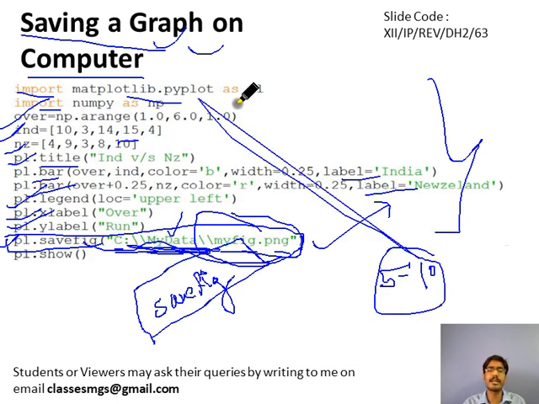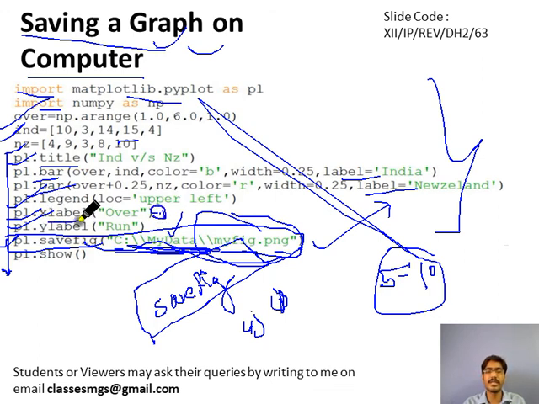The data will be given and you are supposed to write this code. It will be asked like this: write a Python code to draw a bar chart, and add this title, this legend, this x-axis label, and this y-axis label. Each line will carry 1 mark. So it is very easy to score.